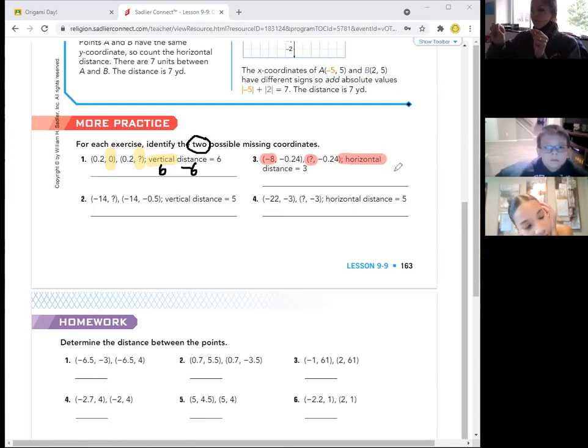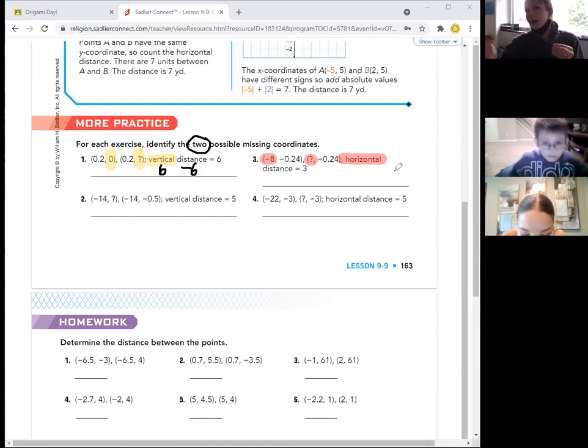Pretend you're hopping forward 3 or hopping backward 3. Where could you land? What's one place, Parker, that you could land? -5. Parker said -5. So he's going more towards the positive direction. He's going 3 units in the positive direction and he'd land at -5.